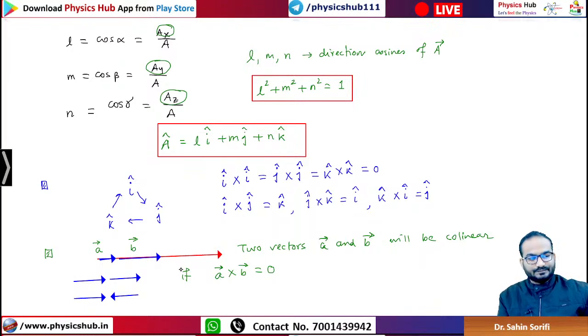Let's move on. We go to the scalar triple product. A few definitions which you should know, because those things come in your examination. So let's talk about the scalar triple product.